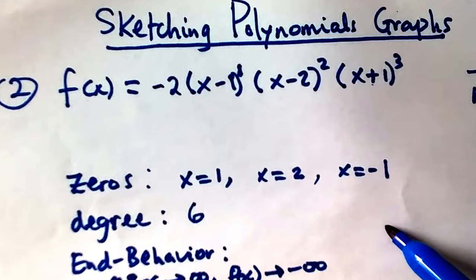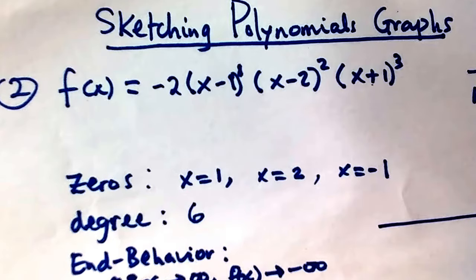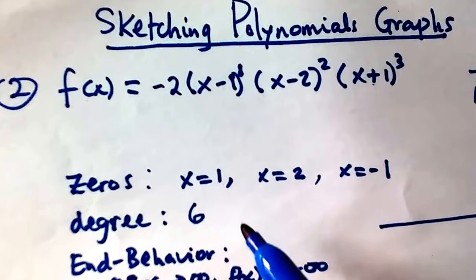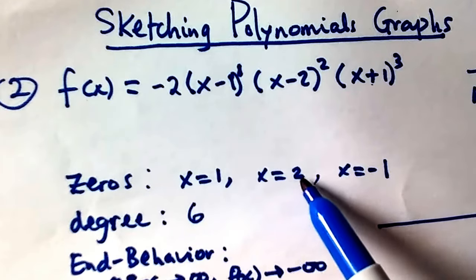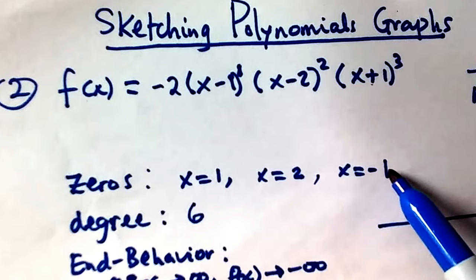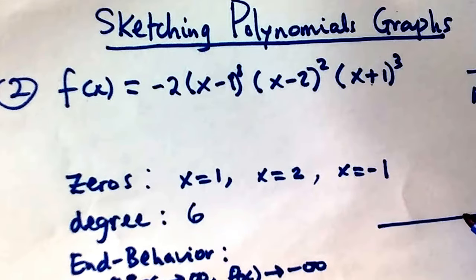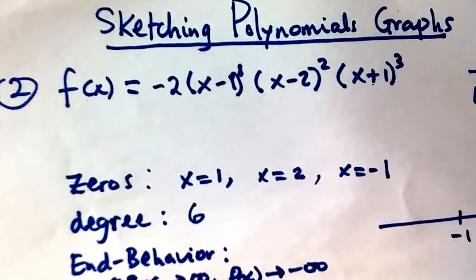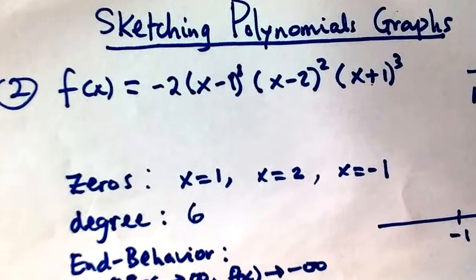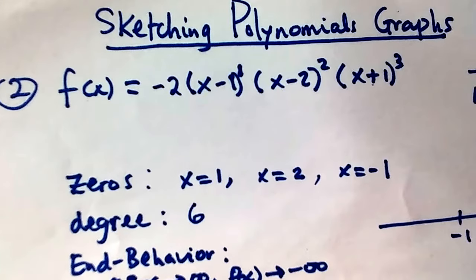Okay, with that being said, now we need to try to make a graph of this. So we are going to draw our x and y coordinate over here. And we're going to put these zeros as the x-intercepts from least to greatest. So there's going to be a -1 here, and there will be a 1 and a 2. The next thing we're going to do is figure out the behavior around the x-intercept.